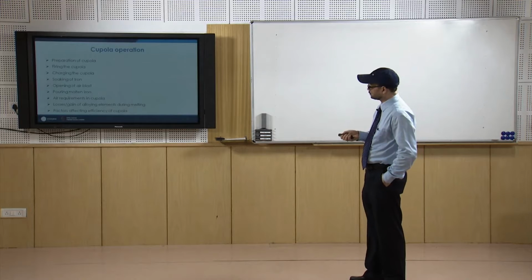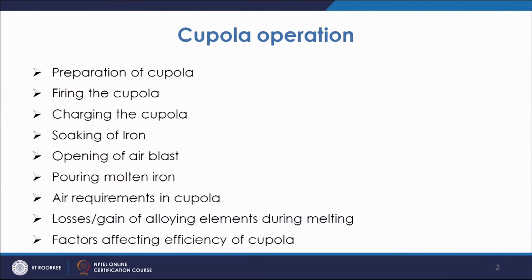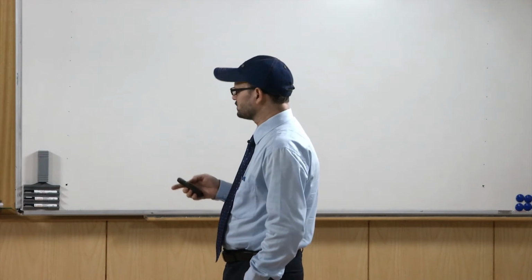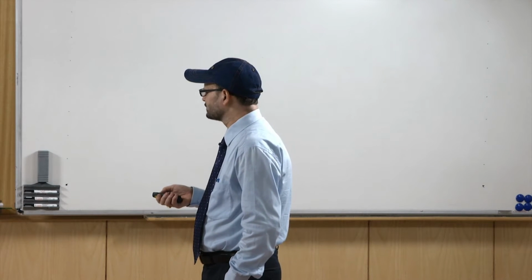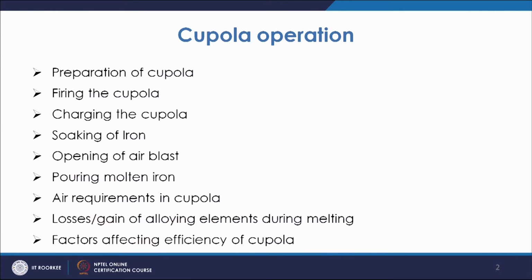Now, coming to the point of air requirement in the cupola. Basically you need air to be blasted for the combustion of the coke. This air requirement is normally some fixed value, and on the basis of that you can calculate.